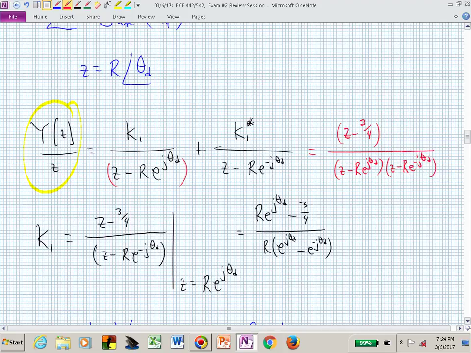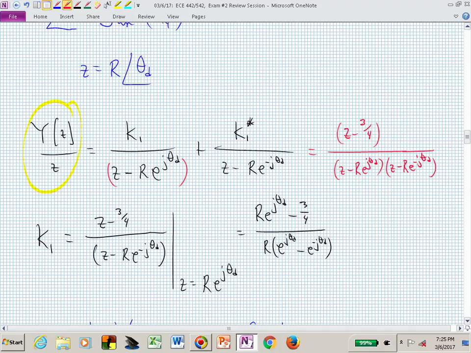And what I want to do is make sure when you're doing this that you put K1, not its conjugate, but K1 over the pole factor in the first quadrant. So that's now K1 over the pole factor z minus r e to the j theta sub d. That's the pole in the first quadrant.